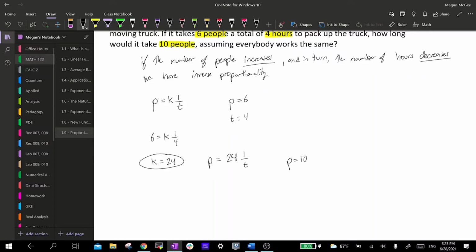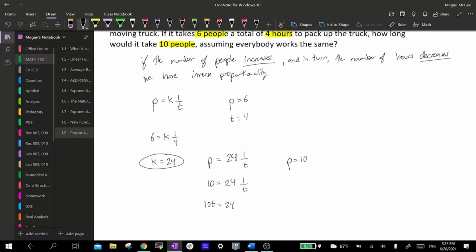We already know our proportionality constant is 24, so we're just looking to solve for t. We plug 10 in for p: 10 is equal to 24 times 1 over t. We multiply both sides by t to get 10t is equal to 24.